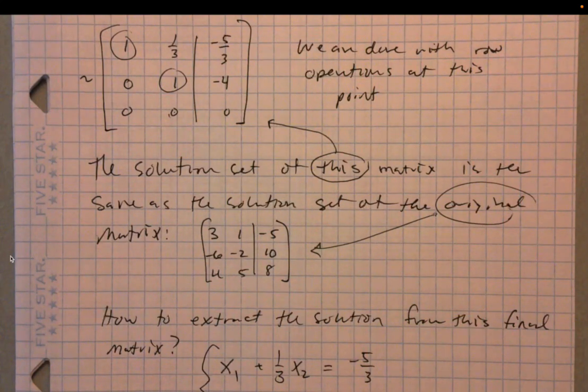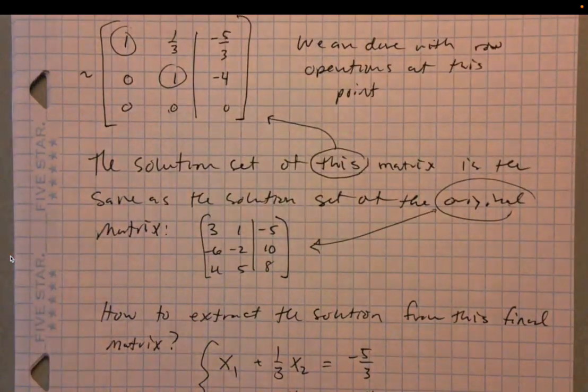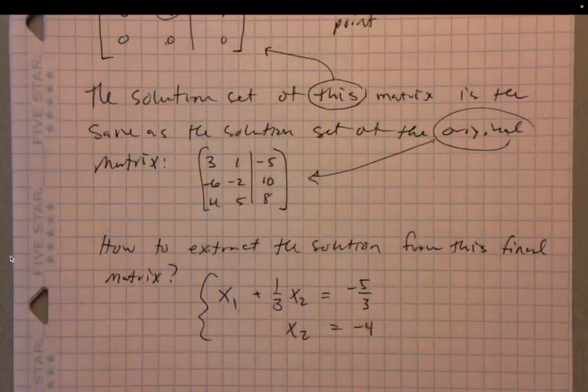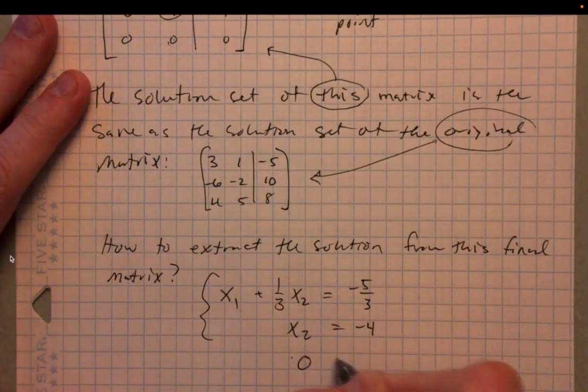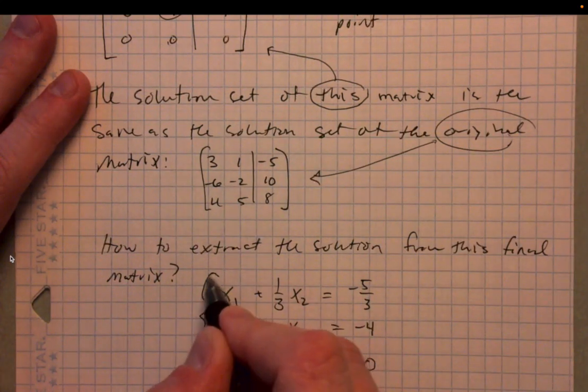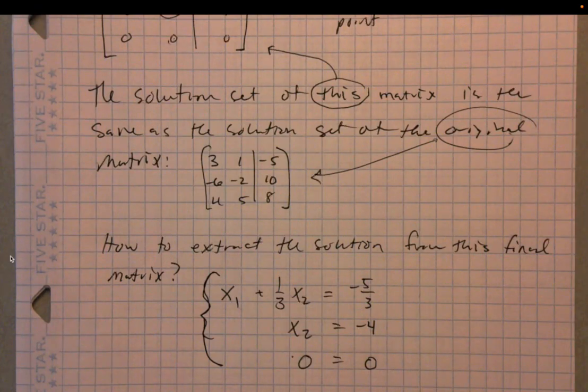Okay. And so our system reduces down to this. And I think technically I should write 0 equals 0, because you do want to have the same number of equations coming out of your augmented matrix in the end. All right, a couple of things to notice here.